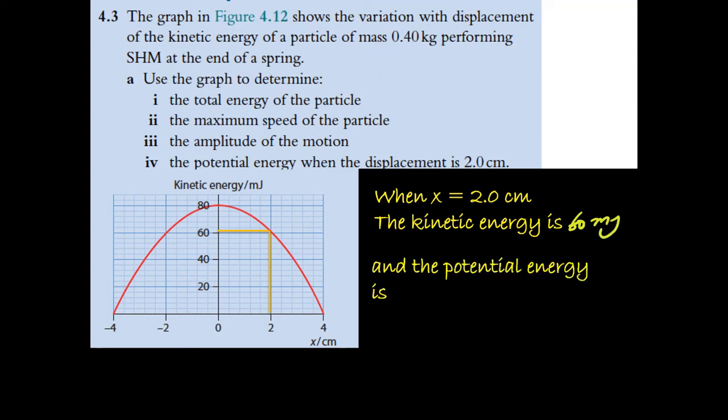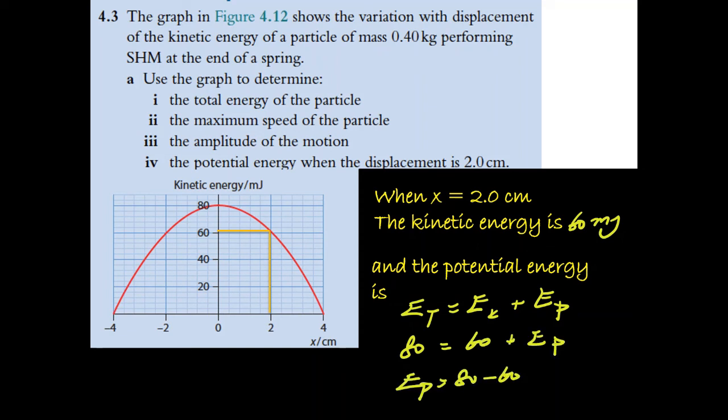As we know, total energy equals kinetic energy plus potential energy. Total energy is 80 millijoule and kinetic energy is 60. So potential energy is going to be 80 minus 60, which is 20 millijoule.